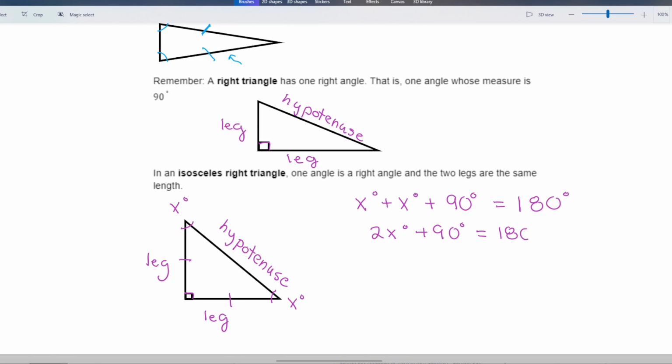I subtract 90 from both sides, and then divide both sides by 2. That tells me that in an isosceles right triangle, both of these angles are 45 degrees.